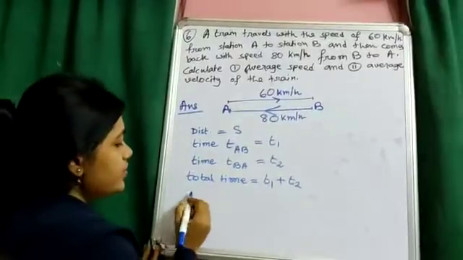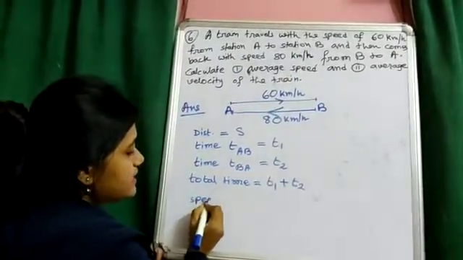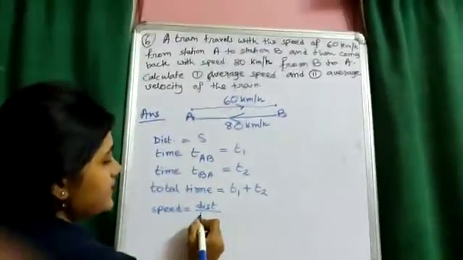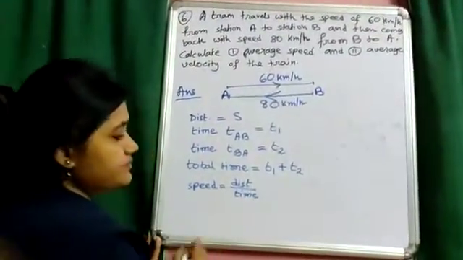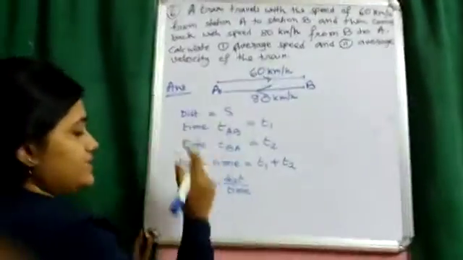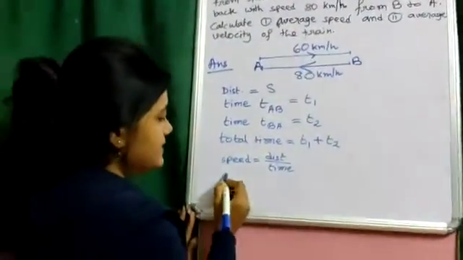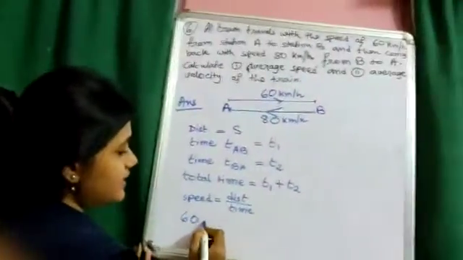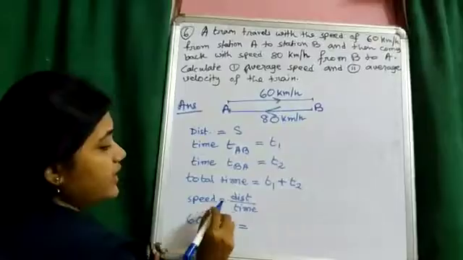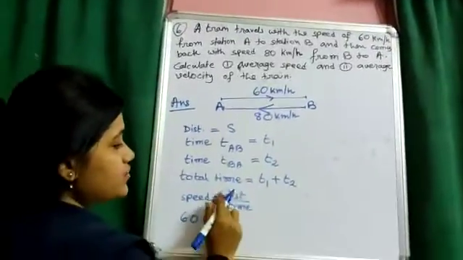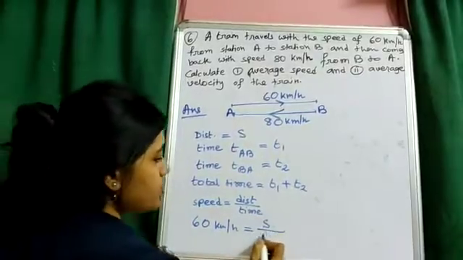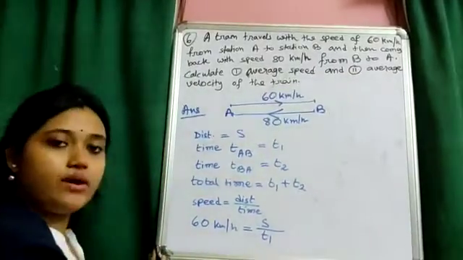Speed is equal to distance by time. So for the first case from A to B, 60 kilometer per hour is equal to distance S divided by T1.